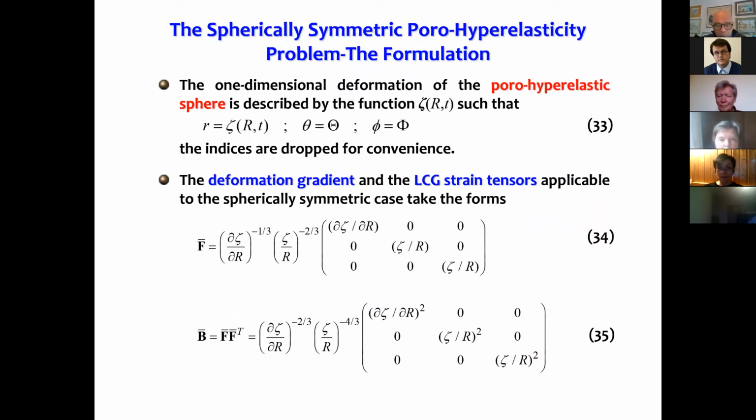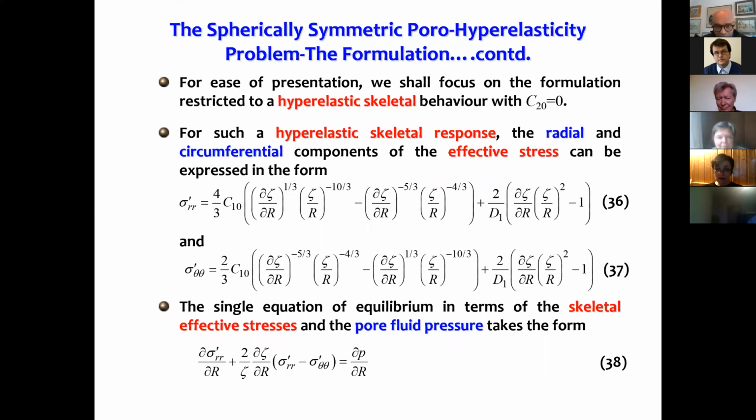The formulation of the problem is exactly the same as what we did for the one-dimensional column. You have basically the deformation gradient, then the left Cauchy-Green strain tensor is this. There's only one spatial variable, which, for mathematicians, is really wonderful. You have only one spatial variable to worry about. Then there are two stresses now, the radial stress and the hoop stress as well.